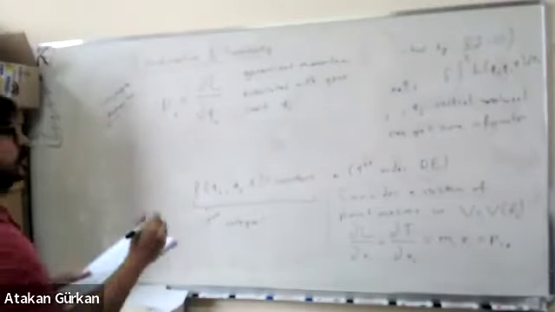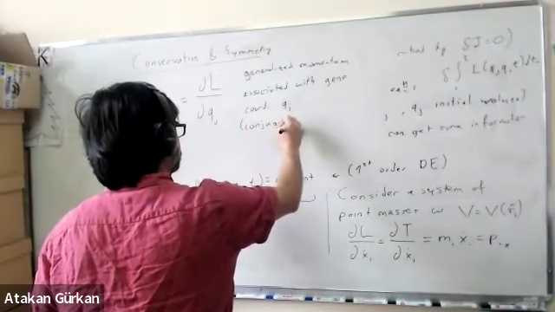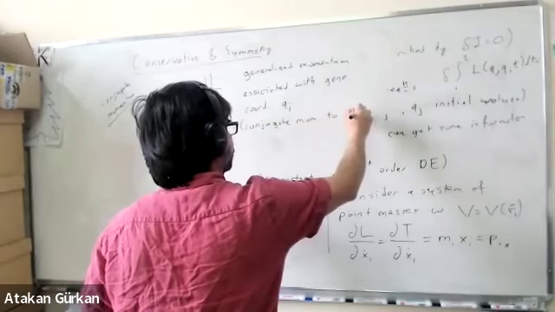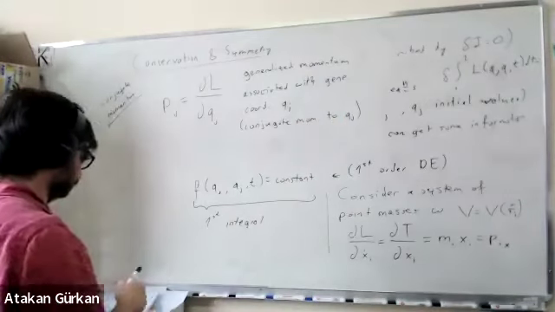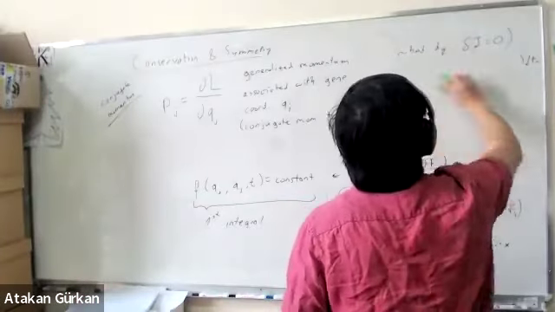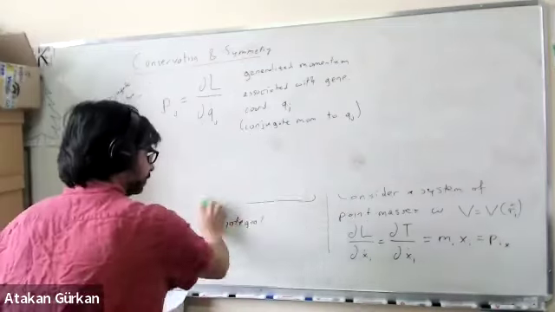I just call this conjugate momentum to q_j, or the momentum conjugate to q_j. There are other names. We could call this generalized momentum for q_j, something like that. That doesn't really matter.